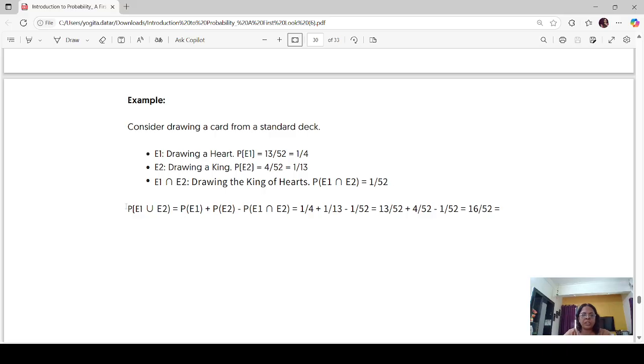Now here obviously we have to use the rule which is similar to inclusion exclusion principle. Substitute the probabilities and then calculate and simplify. So with this, we will get the probability of drawing a heart or a king from a standard deck of cards.